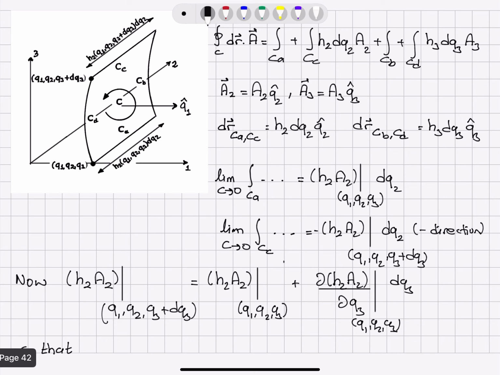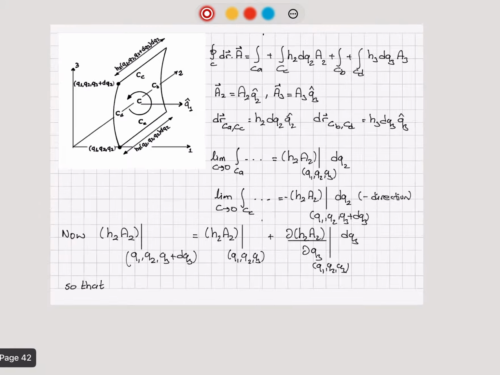So for the CA integration, I have H2, A2, dQ2. For the CC integration, I have the same thing with a minus sign. So there's a minus sign here. So this will cancel, and this term will remain with the minus sign.